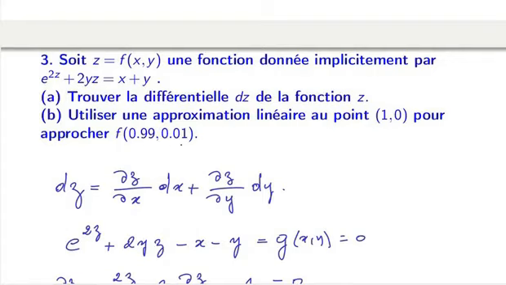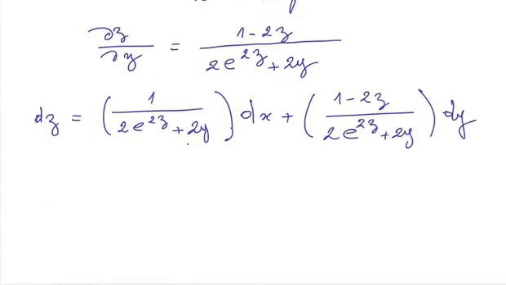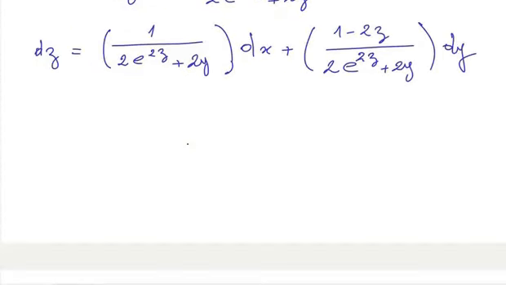So we will try to find this approximated value using Taylor's formula, which tells us that f of x plus dx, y plus dy, at order 1, we only take an approximation. We will ignore the last term.